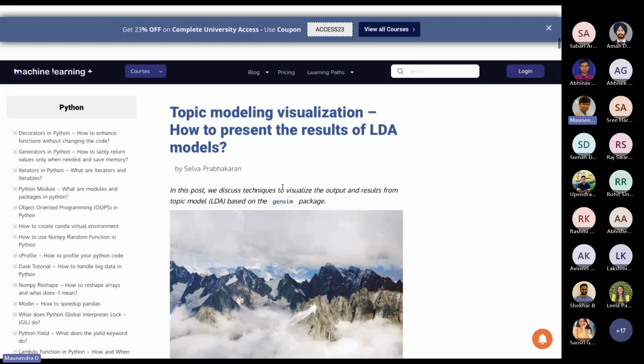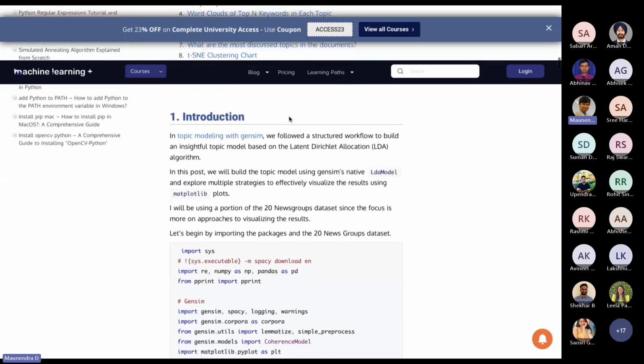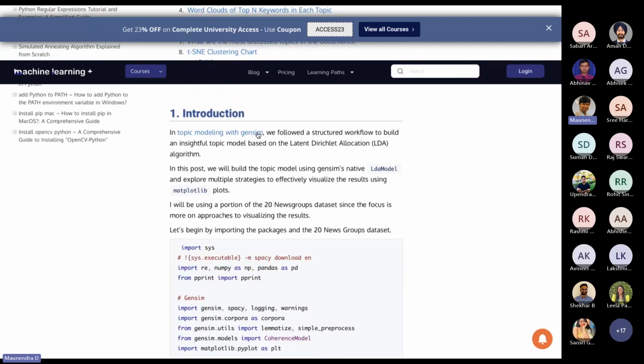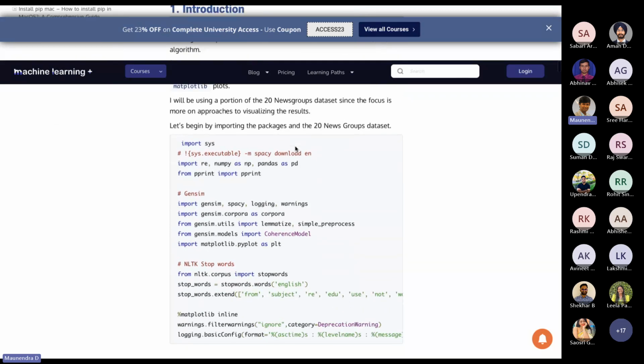I believe you can see the screen, topic modeling visualization. Yes, sir. Okay. So Gensim is a library which has topic modeling available as a function, and there are many such libraries.